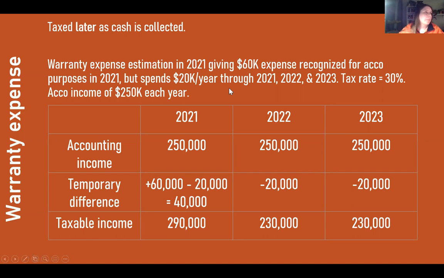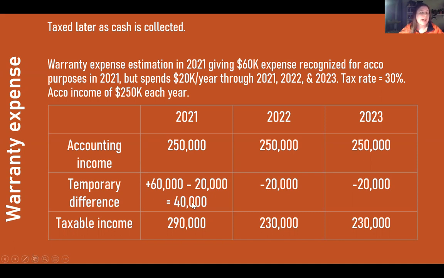So here, in your accounting income, you have a $60,000 warranty expense, so it's lowered by $60,000, but you didn't pay $60,000, you paid $20,000. So you lowered your accounting income by $40,000 when it shouldn't have been the case. It should only have been lowered by $20,000.